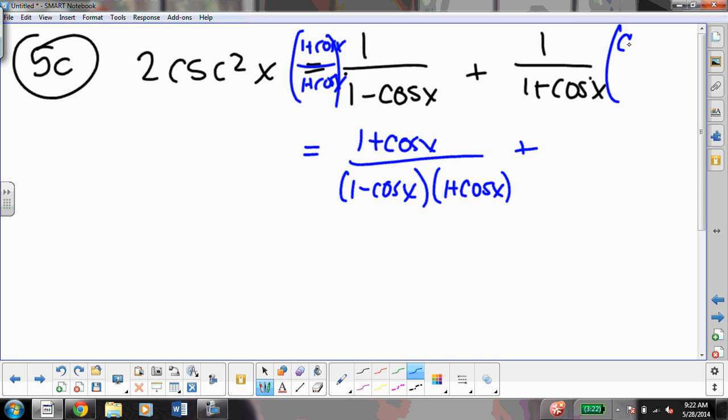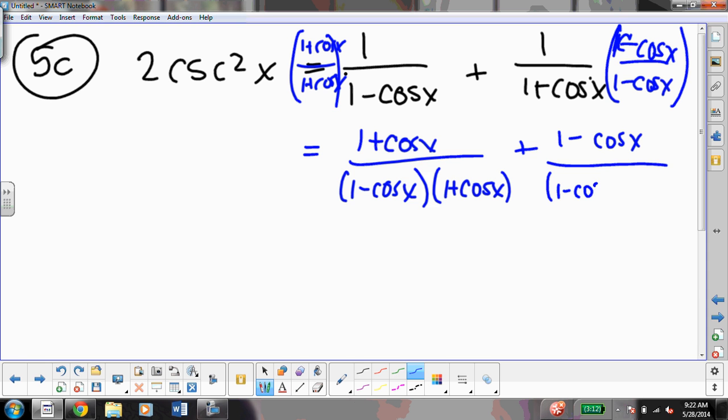And the second fraction needs a 1 minus cosine of x. So I have 1 minus cosine of x on the top, and 1 minus cosine of x, 1 plus cosine of x on the bottom.